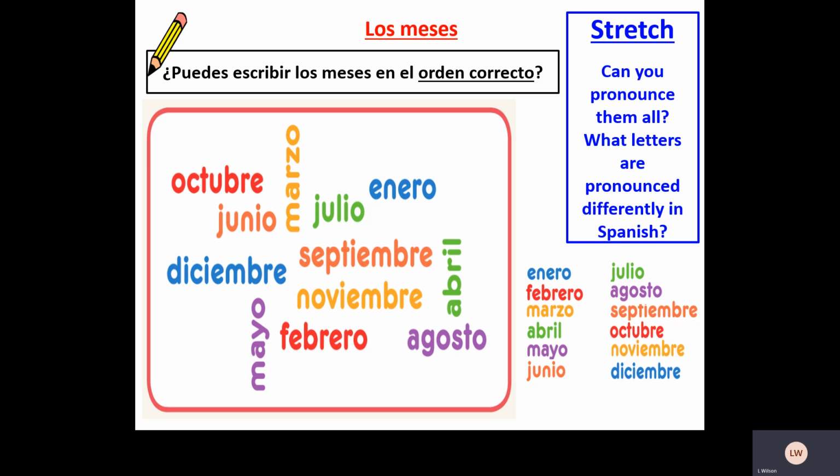It's a che sound in Spanish. Junio and julio. And again, we've got some Cs, which would be a th sound, diciembre, which we would say differently if we were in South America. And don't forget noviembre. It's got that V in, that is more of a B sound in Spanish. Well done.